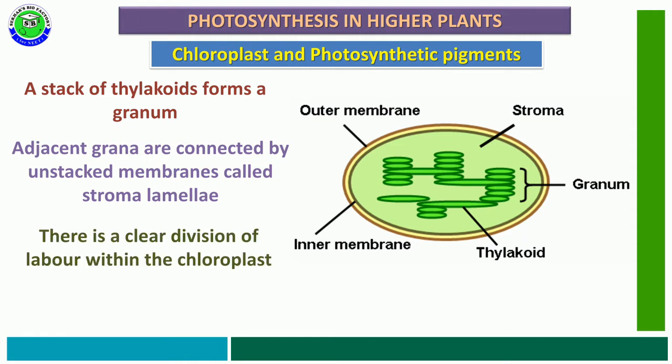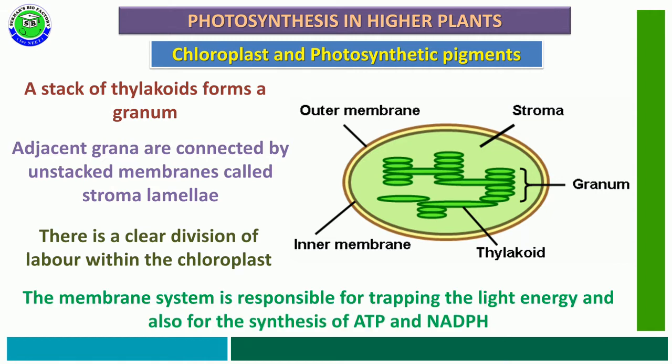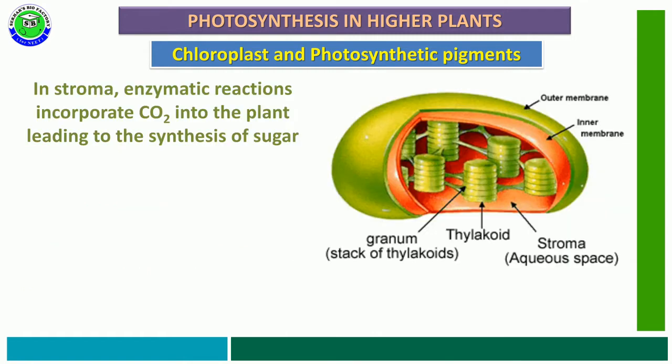And in the structure of chloroplast, there is a clear-cut division of labor because the membrane system present in the thylakoid is responsible for trapping of light energy, and this trapped light energy is utilized for the synthesis of chemical energy like ATP and NADPH. It is considered as light reaction, so the membrane system of the thylakoid is responsible to perform the light reaction of photosynthesis.